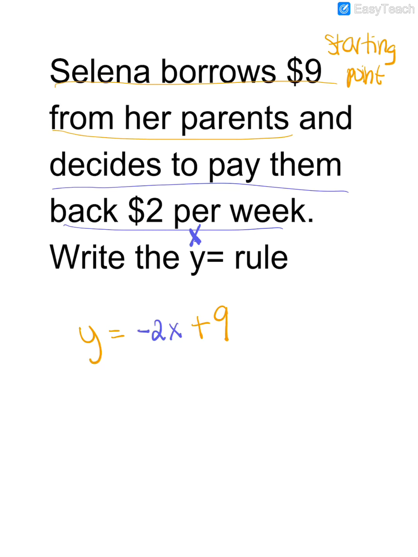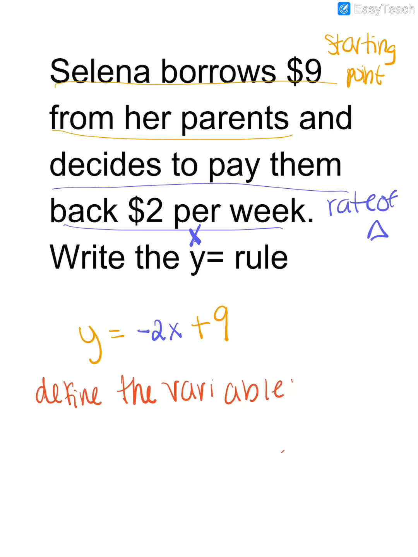Now, what we want to make sure we always do, as I said before, is we want to make sure, and this purple is our rate of change. Make sure we label that. We want to make sure that we're always defining our variables, so that we know what is happening here, and that way I know what's happening on a quiz or a test or something. So, take a second, see if you can think about defining these variables. So what do you think the y would be?